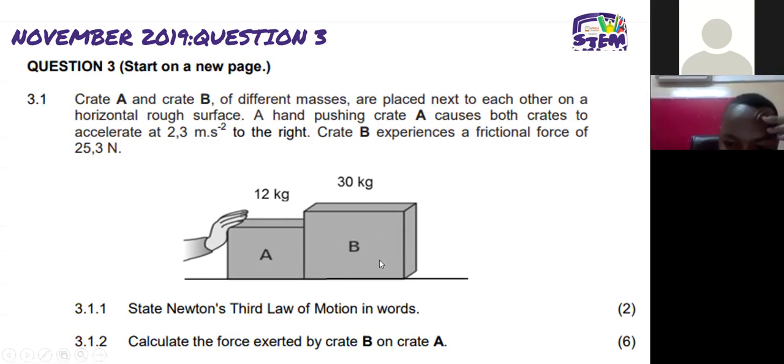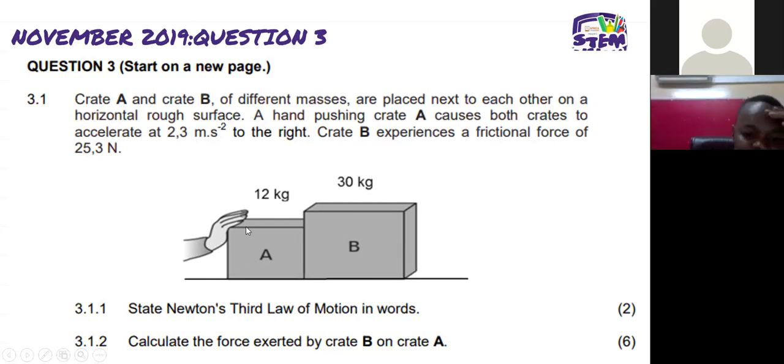We call that force the force of A on B. Another force that is acting on B is the frictional force, because they told us crate B experiences a frictional force of 25.3 newtons. So I know the forces that are acting on B, right?